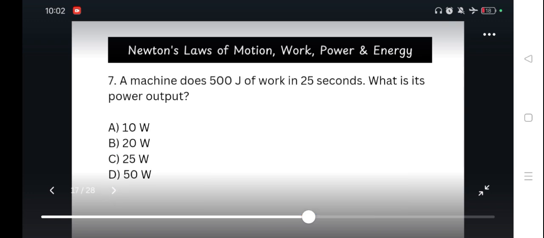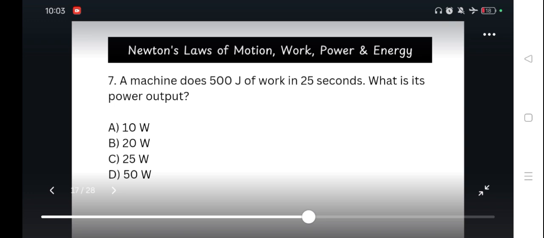Number 7. A machine does 500 joule of work in 25 seconds. Question: what is its power output? So in this item, we are asked to solve for power. And our scientific perspective of power is that it is work divided by time.